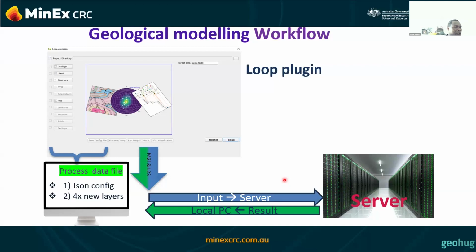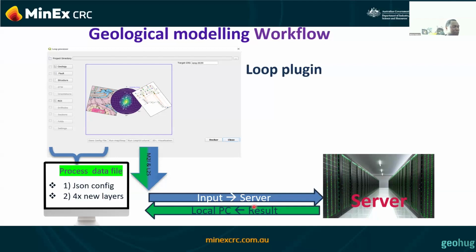So the communication is basically you do the first pre-processing of the data, which is local to your machine. And then once you agree that the data that you pre-processed is okay, one of the advantages is you can review those pre-processed data in QGIS before sending it to the engine.